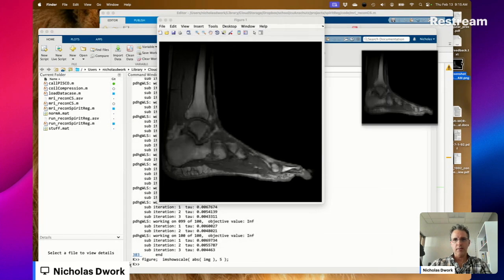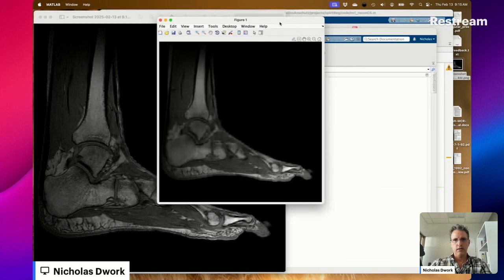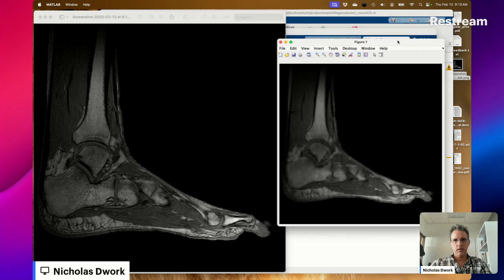Way, way better. Look how blurry that is compared to that.